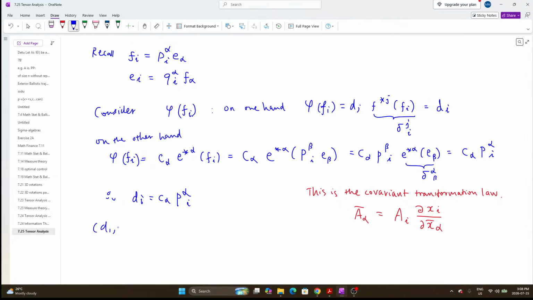So d 1 through d n equals c 1 all the way to c n times the matrix P 11 all the way to P 1n, going down to P n1 all the way to P nn. Okay, so the key is there are two observations. d is considered a row vector. c is considered a row vector. And the P matrix is the inverse of Q.